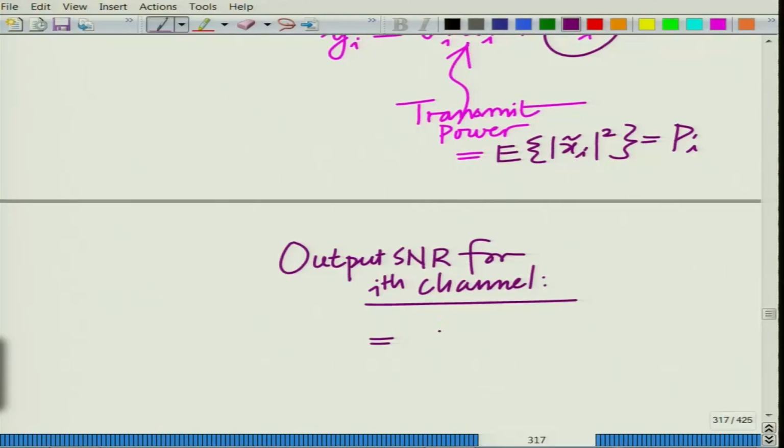Okay. So, that is the output SNR for the ith channel, sigma I square Pi divided by sigma square.